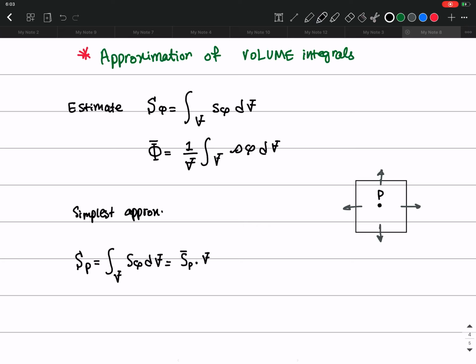This is like an average over here. If you take the average over here and then multiply that by the volume, that is like evaluating this integral.